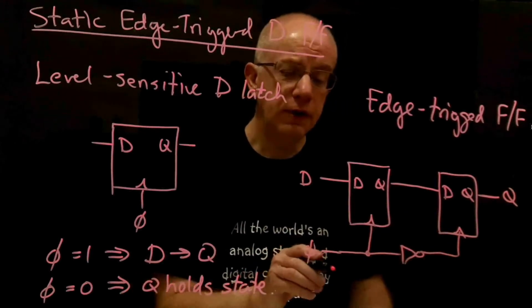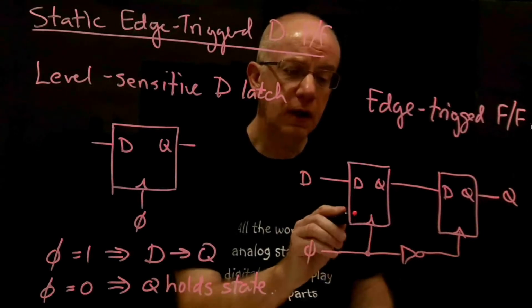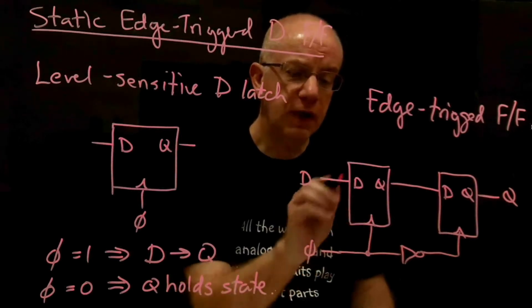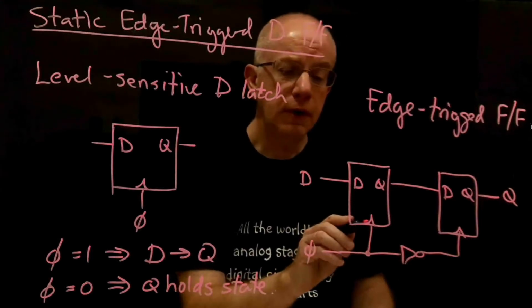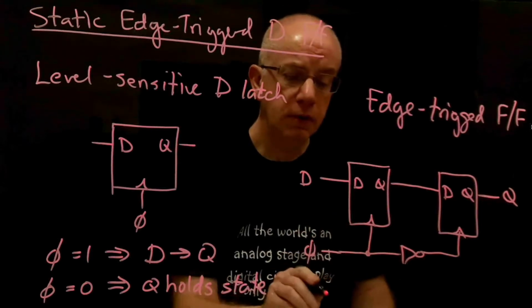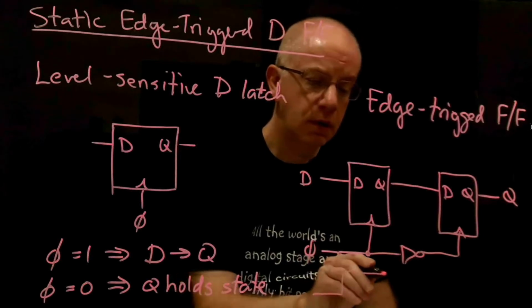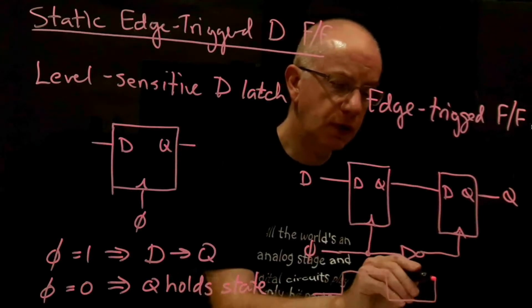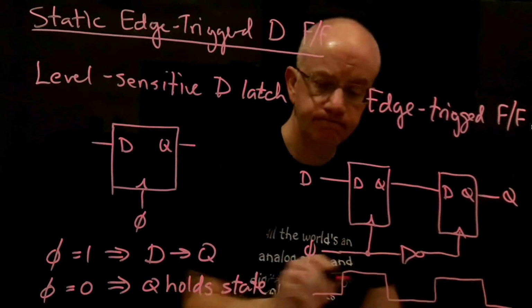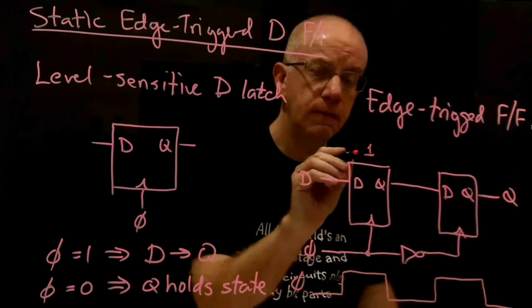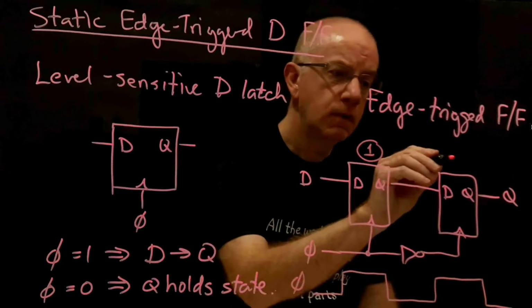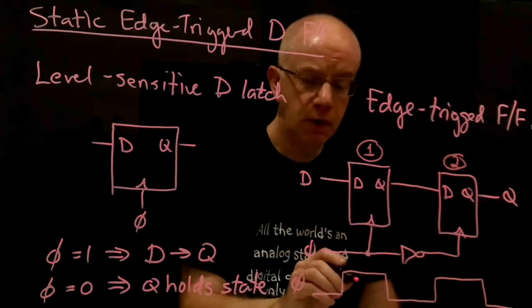The basic idea is that when phi is high, this first latch is sampling. So let's say this is the clock signal. We'll call this latch 1 and latch 2.